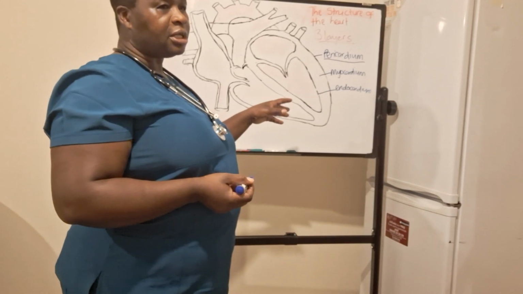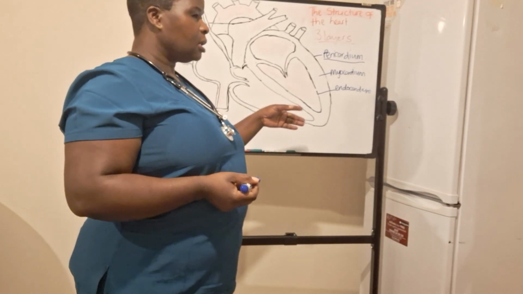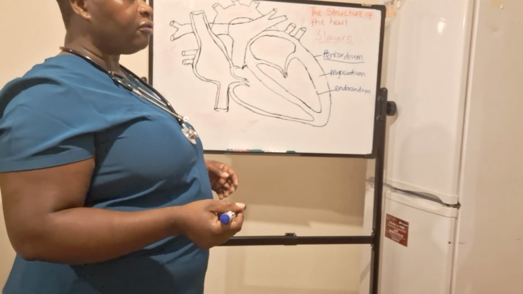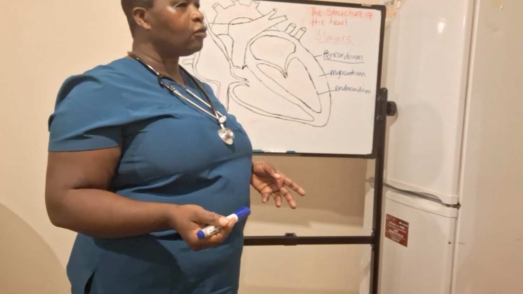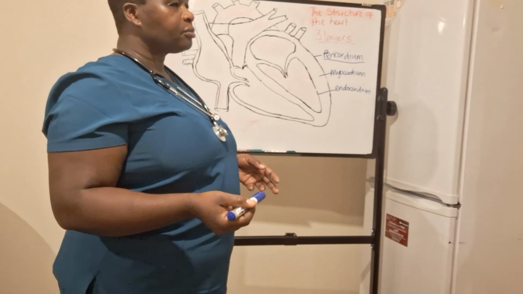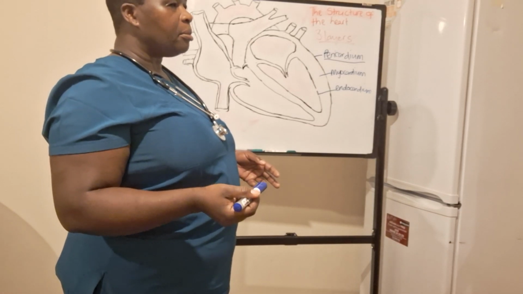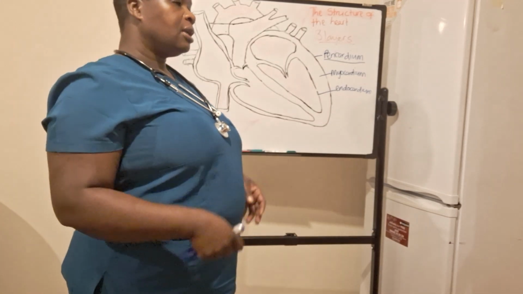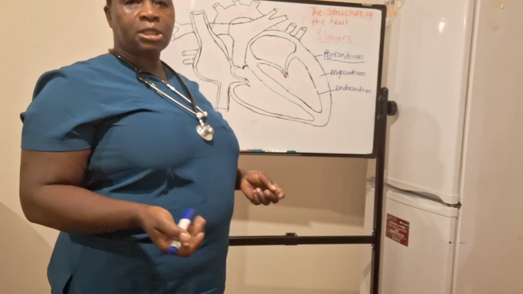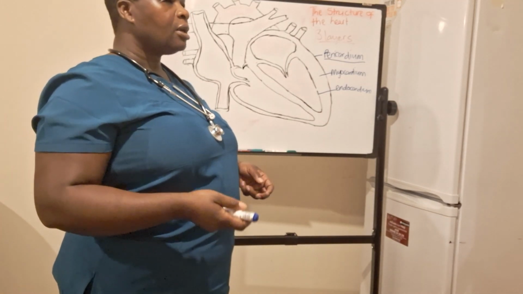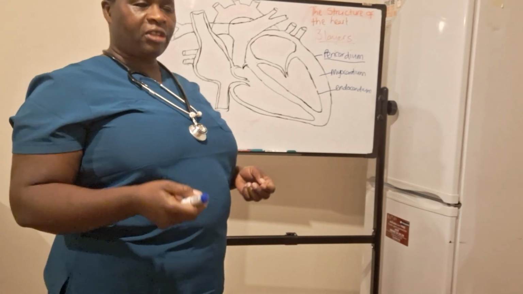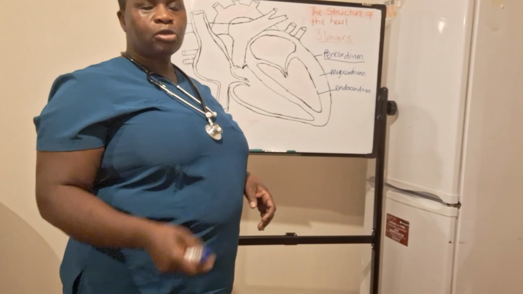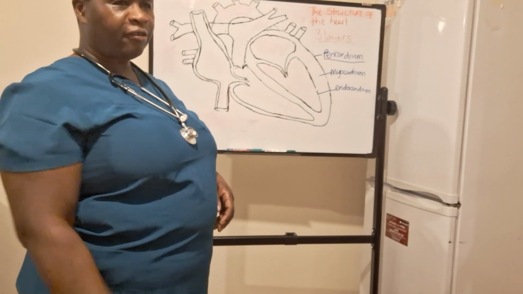That is the accumulation of pericardial fluid, and this can be fatal if the accumulation of fluid is massive, because it can cause compression of the heart, and when the heart is compressed, there's going to be reduced ventricular filling.